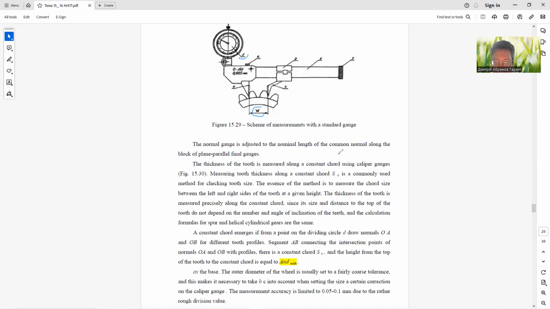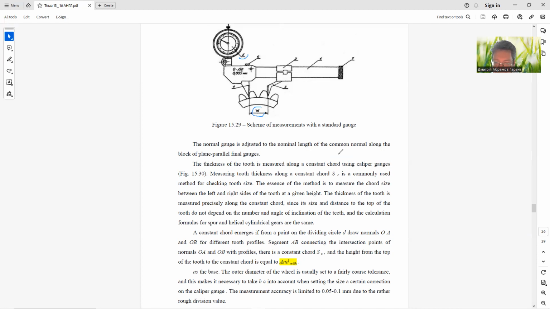The essence of the method is to measure the chord size between the left and right sides of the tooth at a given height. The thickness of the tooth is measured precisely along the constant chord.